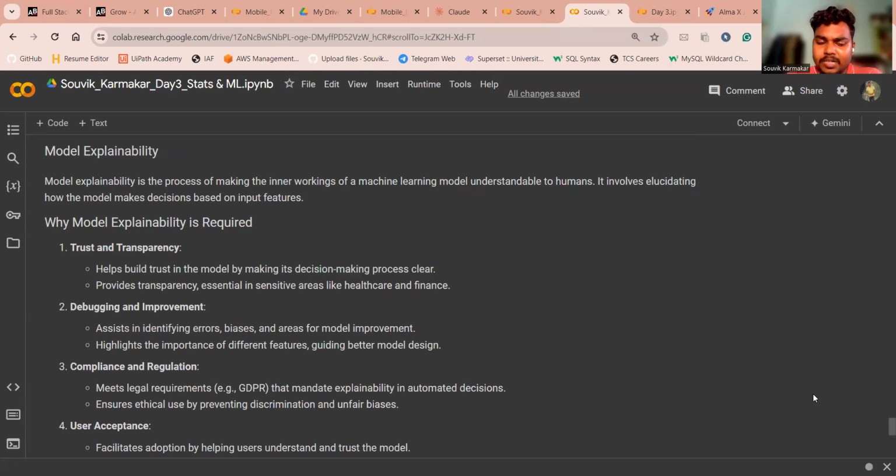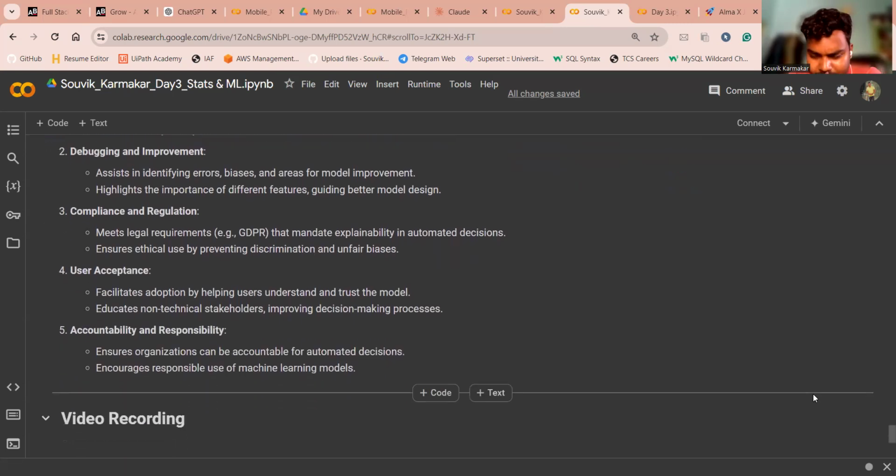It also meets legal requirements that mandate explainability in automated decisions. It ensures ethical use by preventing discrimination and unfair biases. And it can facilitate adoption by helping users understand and trust the model. By seeing the internal working of the model, humans can trust it more compared to complex models that are not interpretable.